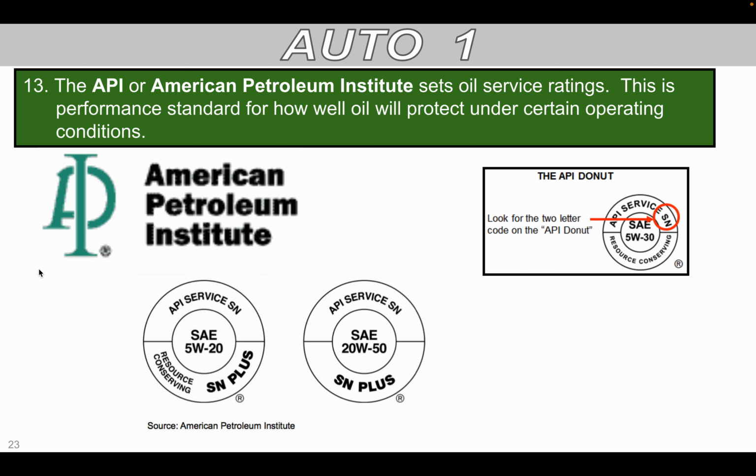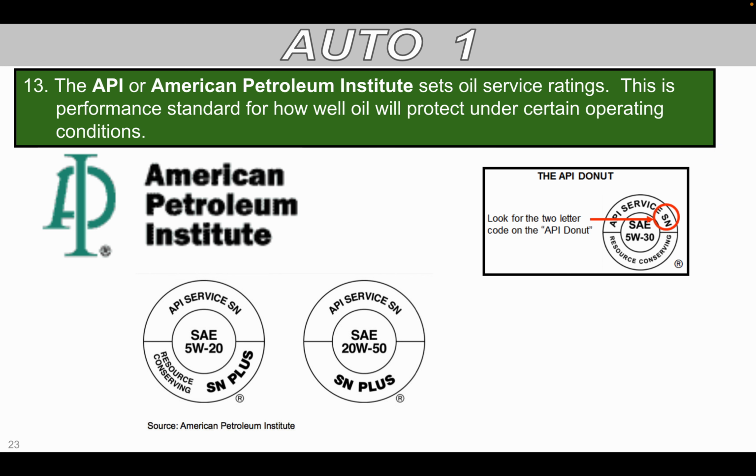All right, the API, American Petroleum Institute. Again, another organization. This is the organization that's going to set oil service ratings. They are performance standards of how well that oil will protect you under operating conditions.